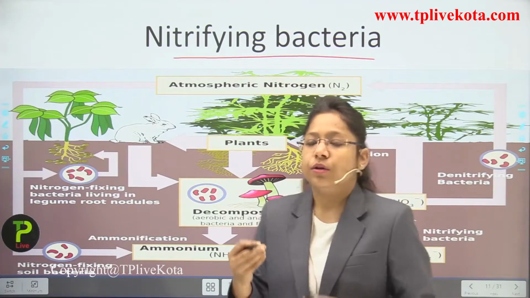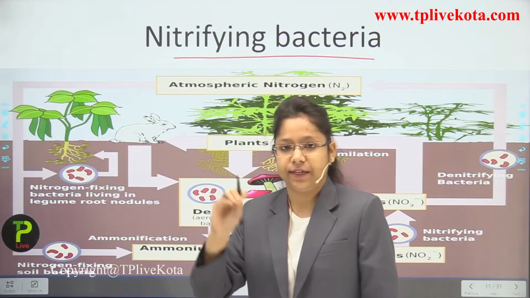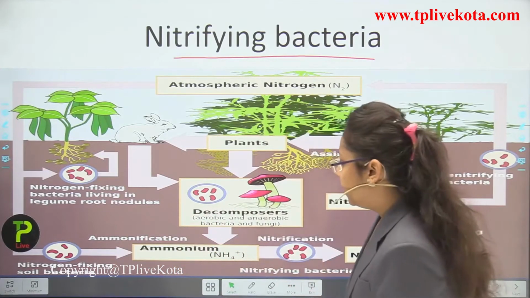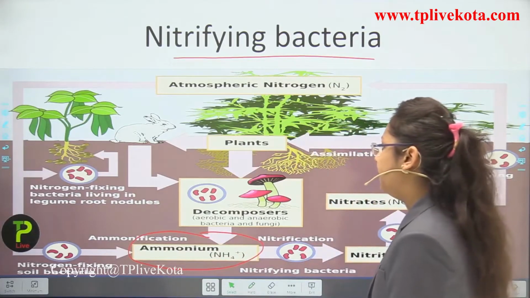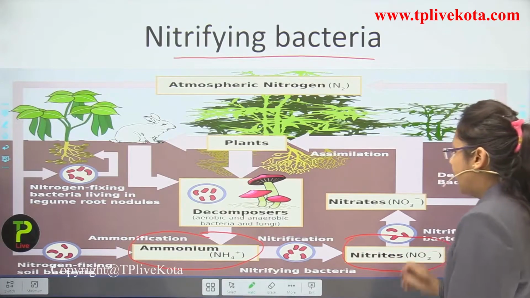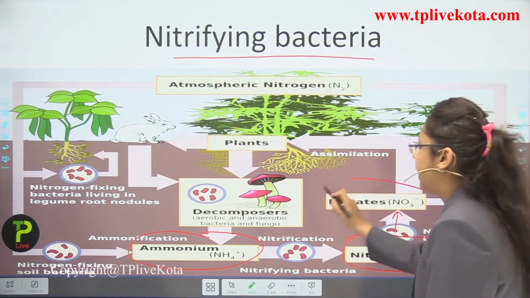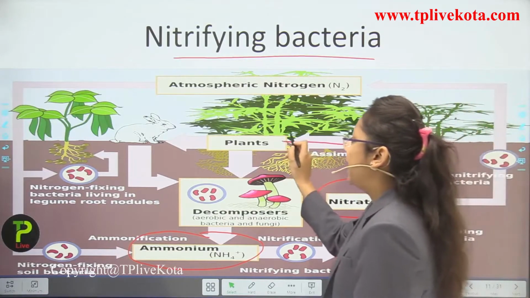Now the nitrogen which is present inside the soil is converted to ammonia. You can see here the ammonium ion is formed. After this, what will happen, students? This is converted to nitrites, then nitrites are converted to nitrates, and then nitrates are assimilated by the plants.